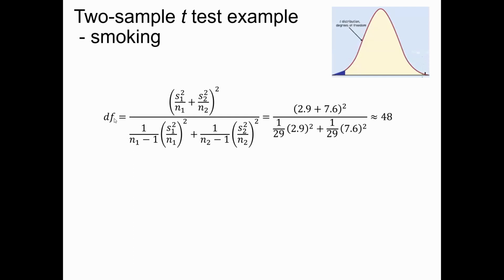So degrees of freedom, DF, equal to, again, we have the same kind of big chunk up here. We're just plugging in the standard deviation and squaring it for population 1, dividing that by the n, or the number of observations for population 1. And then we add that to the standard deviation squared for population 2, divided by the observations of our sample 2. And then add those together, square those, divide that by 1 divided by the number of samples minus 1 times variance over number of samples squared, right?